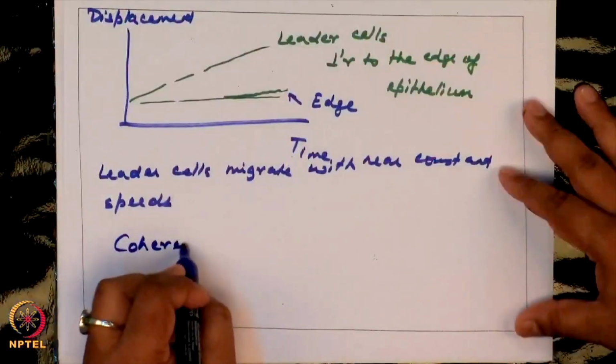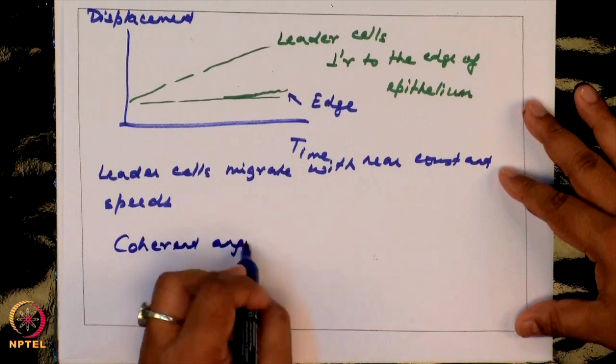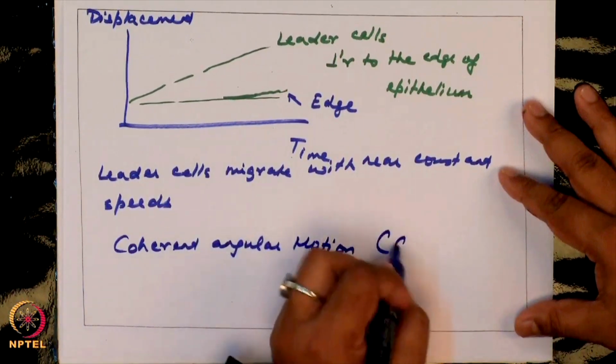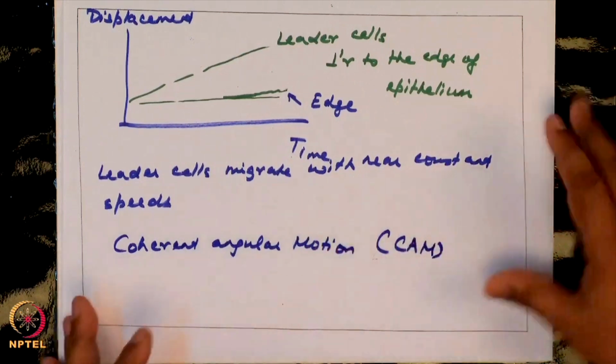One another aspect of collective migration that I wanted to discuss is this phenomenon of coherent angular motion, or referred to as CAM.